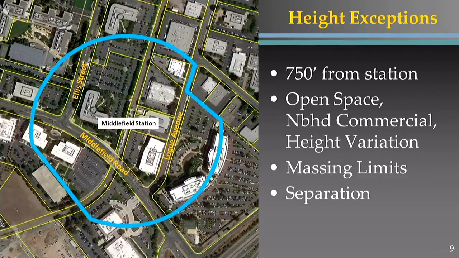I might feel less uneasy about it. But right now, the way it's set up, it's more likely to concentrate them right along Middlefield, which is the opposite of what I thought we were trying to go for here. So that's just my initial comments.